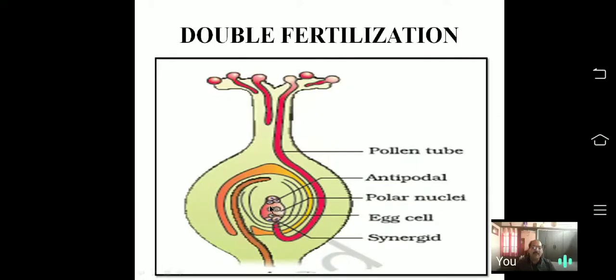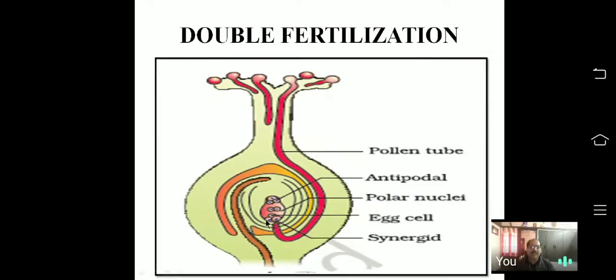So that is called triple fusion. Triple fusion means the fusion of 3 nuclei: 2 of the embryo sac, 1 of the sperm. So it is generally called double fertilization and triple fusion.